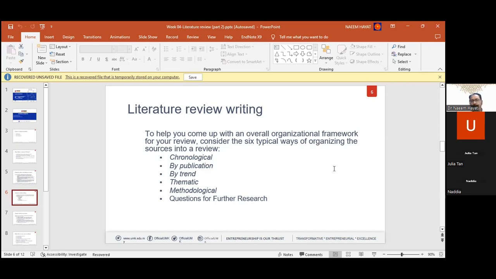Another type of writing practice that can be observed in the literature is methodological. A normal frame of reference that is used is the qualitative study, quantitative study, or mixed method study.